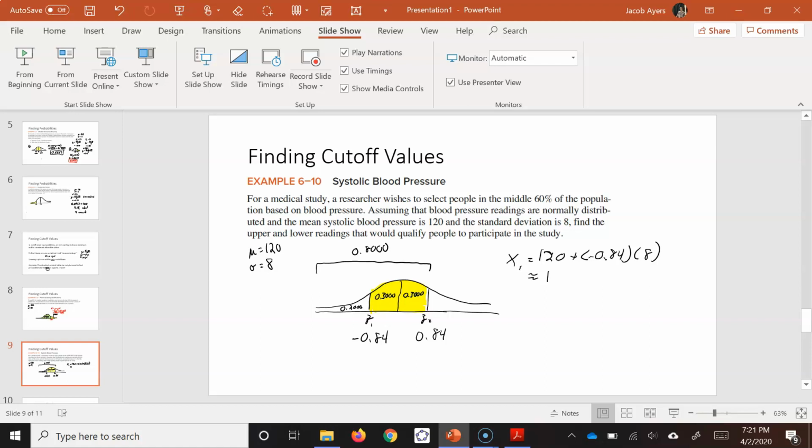That's 113.28. And x sub 2 would equal 120 plus a positive 0.84 times 8, which will equal 0.84 times 8 plus 120, 126.72.